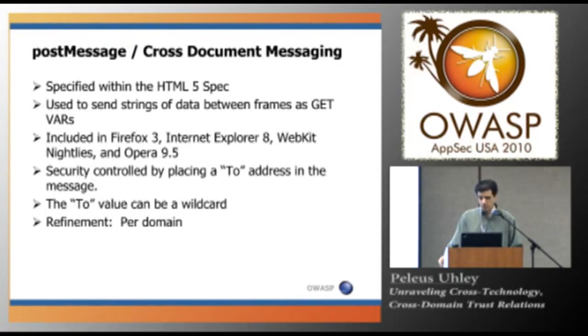I believe it's now officially in the WebKit builds. It says WebKit Nightlies, but I think it's officially in WebKit now. And the security is controlled by placing a to address in the message. So the way the API works is the first value is what you want to send, and the second is the domain you want to send it to. The domain you want to send it to is an optional parameter for that. And this control, unlike the XHR stuff, is per domain.